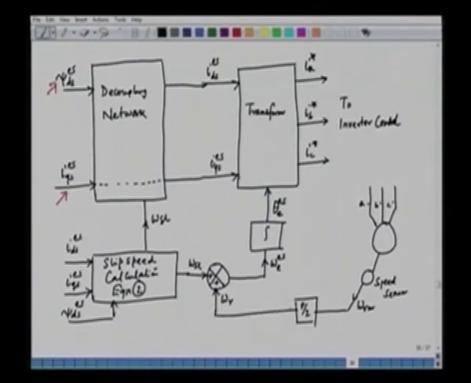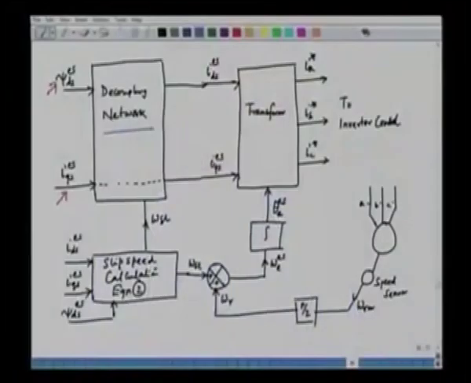And this is fed here, and this is added with the slip speed to obtain the speed of the stator flux vector, that is omega e superscript es, and integration of that will give us the angle of the stator flux vector, and the angle in this case can be used to transform IDS and IQS into IA, IB, IC, which will be impressed onto the machine by using the inverter.